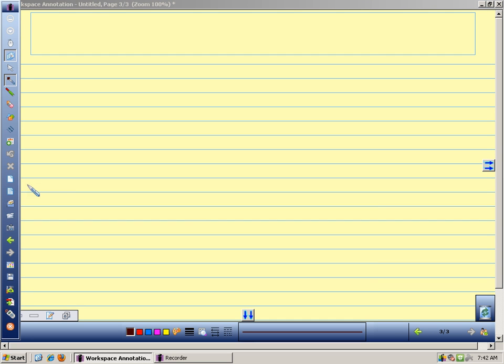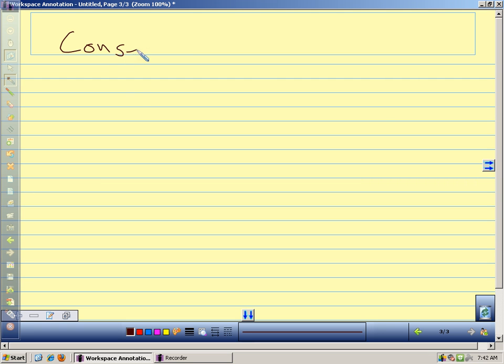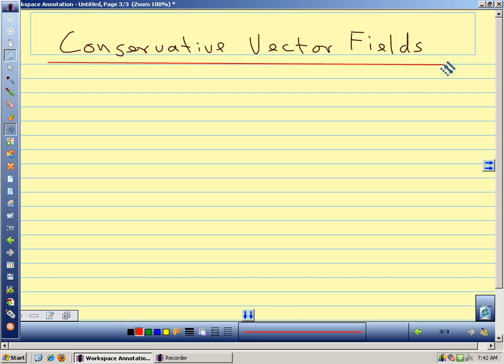All right, so now we're going to talk about conservative vector fields. Conservative fields are a particular kind of field that we like because they give us some nice properties that make them easy to work with.